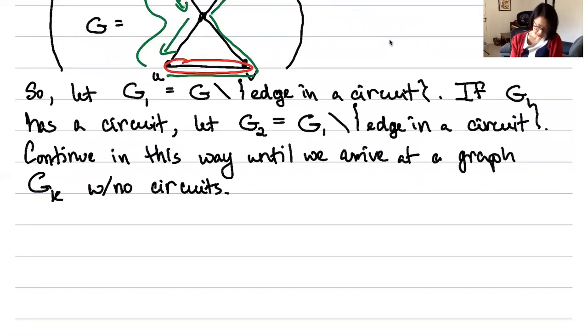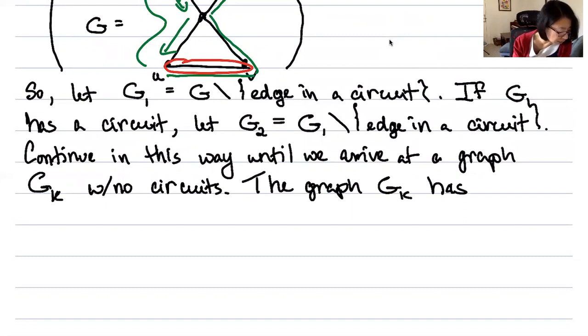So then how many edges does GK have? Well, I started with n-1 edges, right?